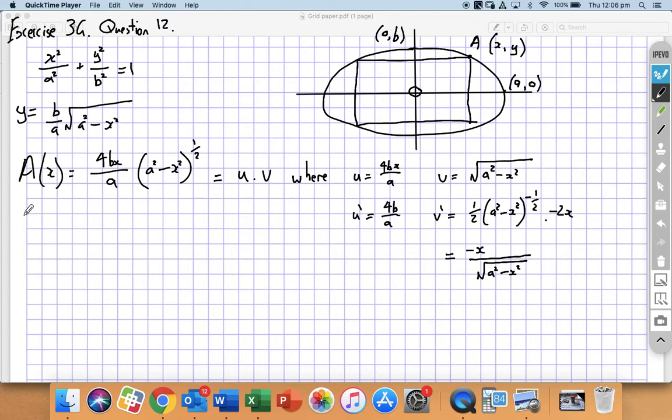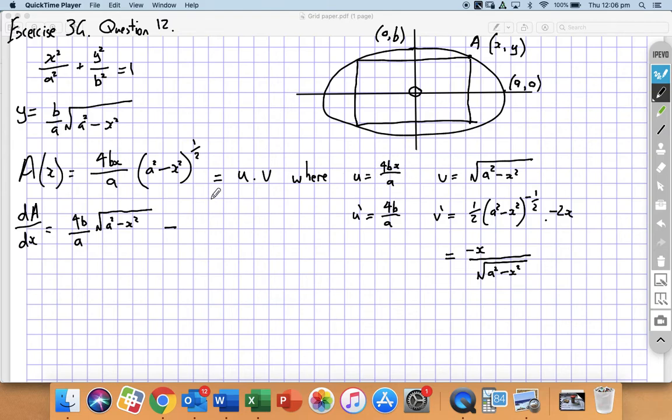Okay, dA on dx will equal, all right, so we need du times v. So v is square root a squared minus x squared plus, although that plus is going to become a minus here, so we'll just write the minus straight in.